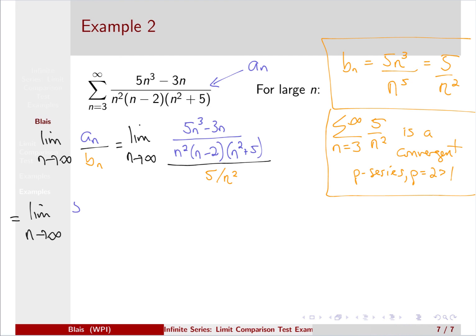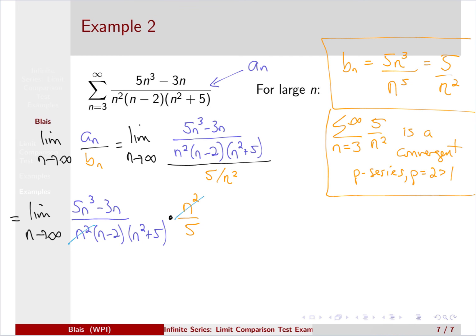So we have 5n cubed minus 3n over n squared times n minus 2 times n squared plus 5. All of this multiplied by n squared over 5. And we get an n squared term in the top and the bottom pairing up to cancel.